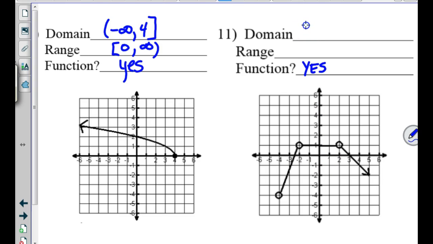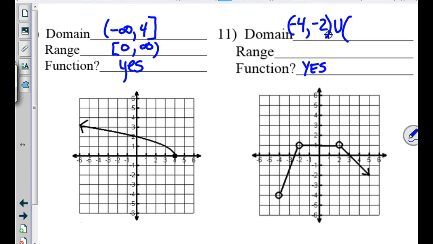Okay, domain, parenthesis, -4. We're going left to right, so it should be -4. You're right, I wrote that down wrong. But it doesn't include -2, right? -2, and then does everyone understand when I do this?